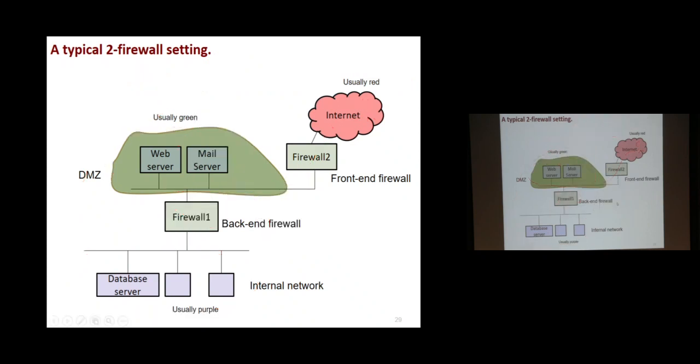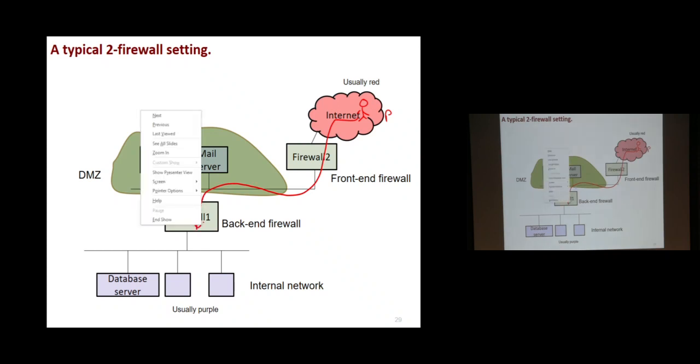So if this guy is using Nmap, trying to do port scanning, the probe will go to here and get blocked. This guy will be able to find out there's a webmail server, there's a web server, and what the ports are, and so on.